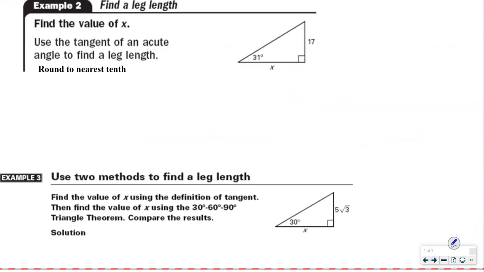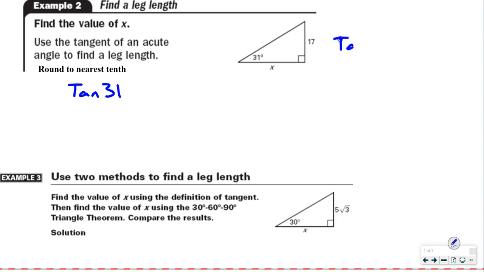Okay, so finding the value of x. We're going to use tangent of an acute angle to find our missing side length. So our acute angle is 31 degrees. So we would call that tangent 31, or tan 31 is how we would write it. Now remember, that is going to be opposite over adjacent.